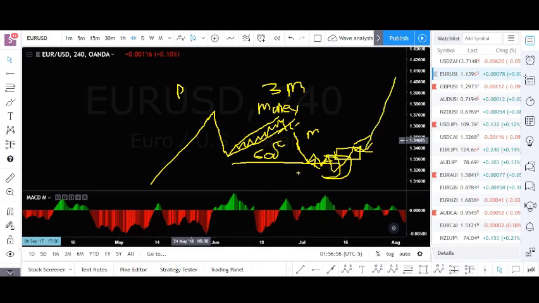The other beauty about this scenario is, even if we're completely wrong about it, at some point we will close the trade if it breaks this bottom, and we would have still made a lot of money with our put option. So this is a very, very good strategy if you know how to trade options.